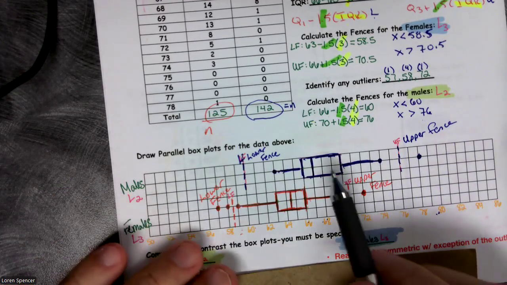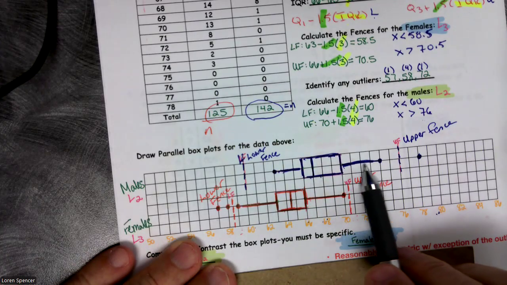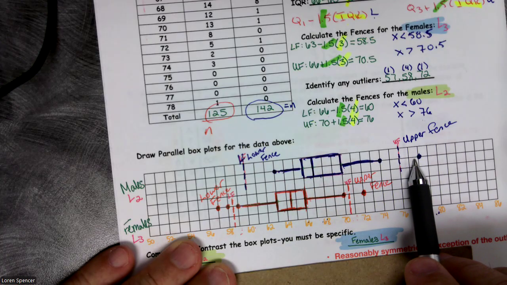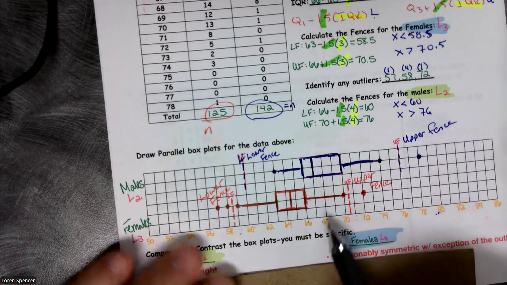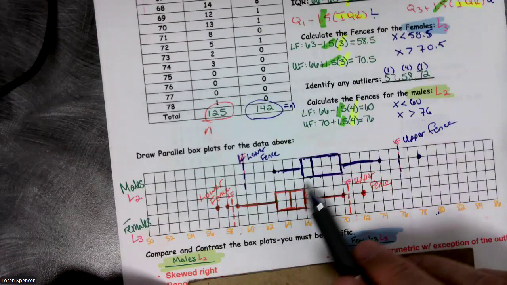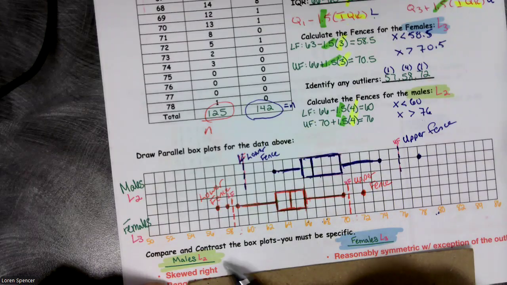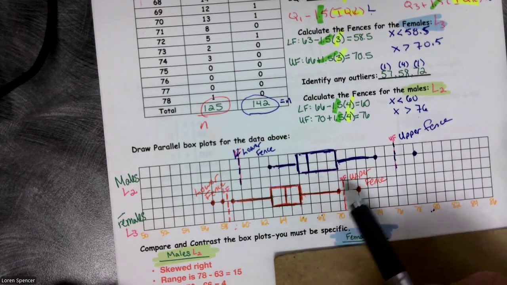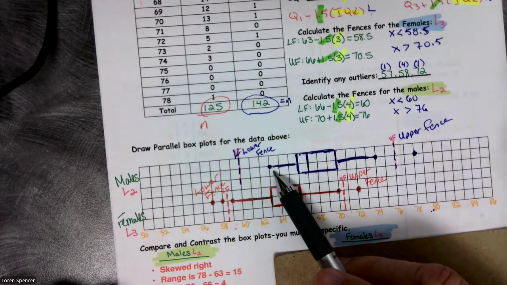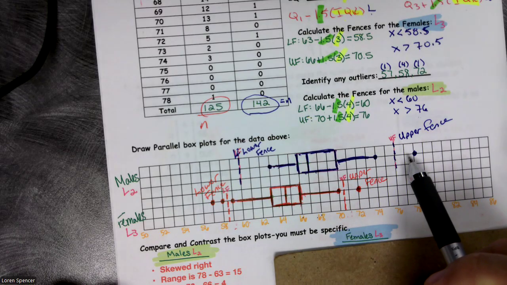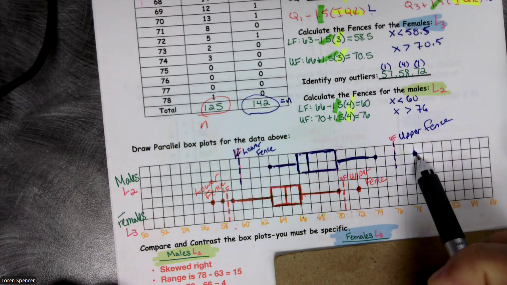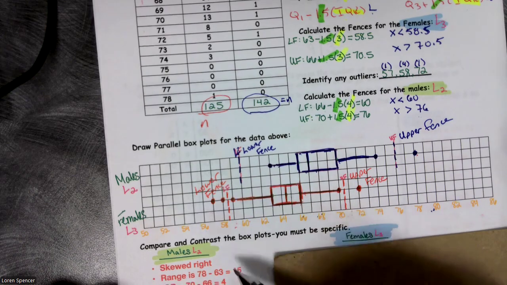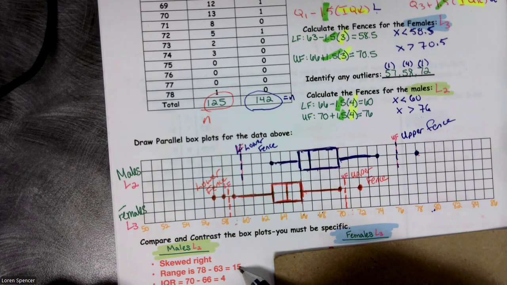Well, if I look at this, this one looks like it's stretched to the right a little bit. The males looks to be stretched to the right, so stretched to the right means it's skewed to the right. The range is the largest value, which is 78, minus the smallest value, which is 63, and 78 minus 63 is 15, so that's our range.